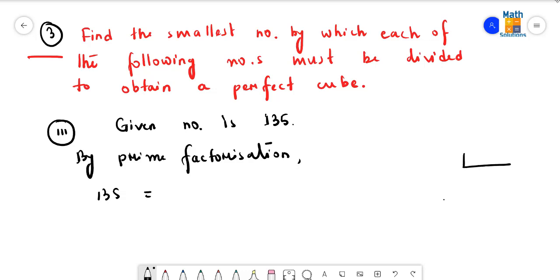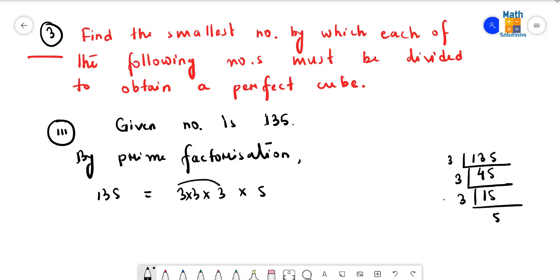Can I divide this by 3? Yes, by 3 I can divide. 3 4s are 12, then 5. Then again by 3, this is 15. Then by 3, this is 5. So very clearly these 3's are already grouped in 3's.